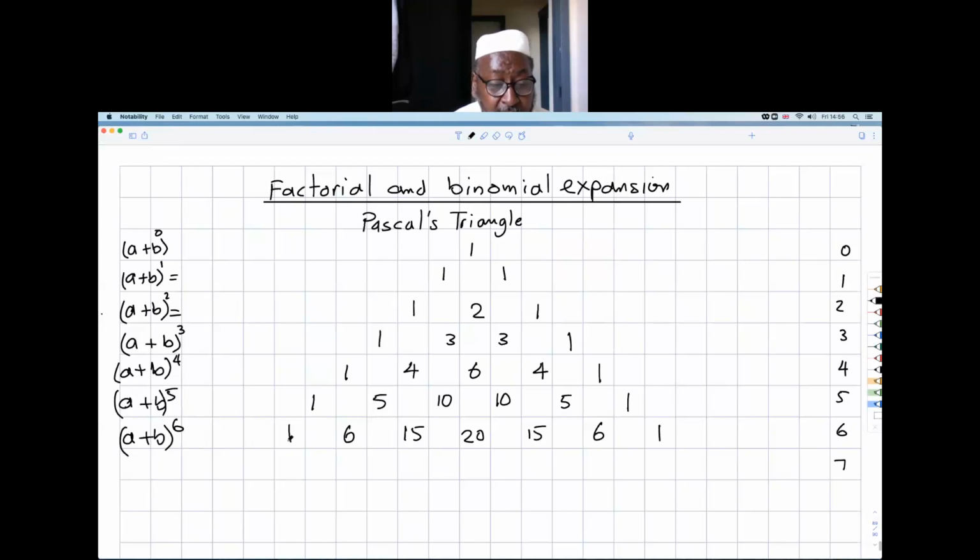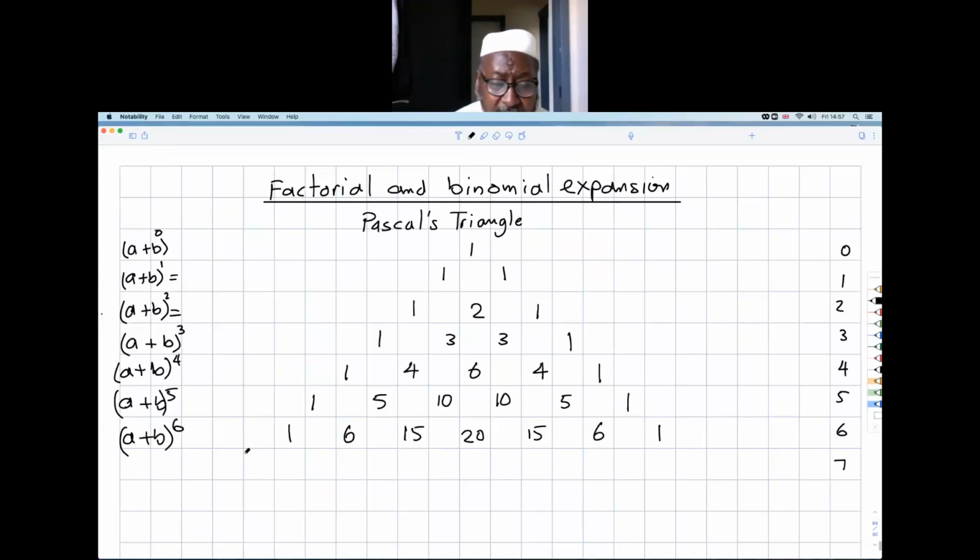It will be A to the power 6, 6A to the power 5 B, 15A to the power 4 B squared, 20A cubed B cubed, 15A squared B to the power 4, 6AB to the power 5, and B to the power 6.